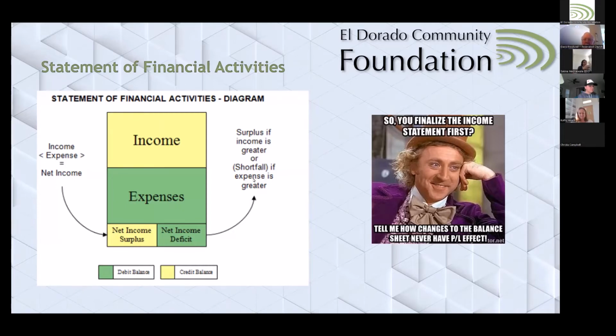So you have the income, then you minus out your expenses, and that's where your net income or your net income deficit comes into the picture. And this meme will be self-explanatory once I go on, because your income statement is very much related to your balance sheet.